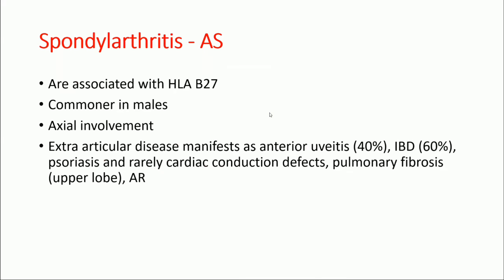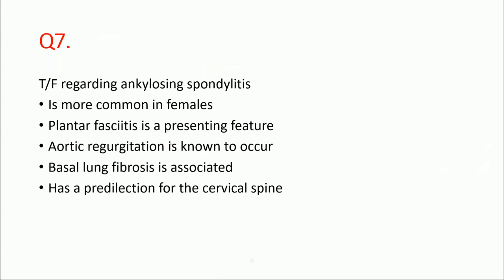Okay, right. Now the next thing we do is we go into spondyloarthritis, right? Of the spondyloarthritis group, ankylosing spondylitis is the important one, the prototype disorder. Remember, there are special features of spondyloarthritis, and we will discuss them in this MCQ.